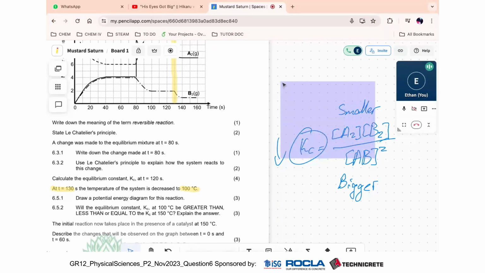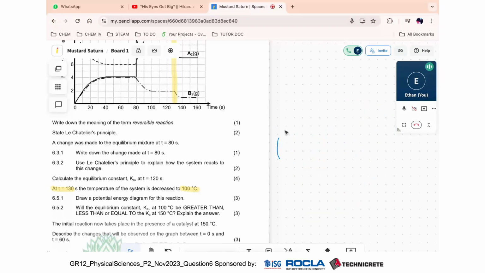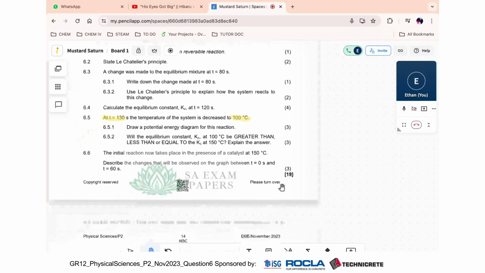So now that we have done that, we can move on to the last question. Okay, 6.6. The initial reaction now takes place in the presence of a catalyst at 150. Describe the changes that will be observed on the graph between t equals 0 and t equals 60.